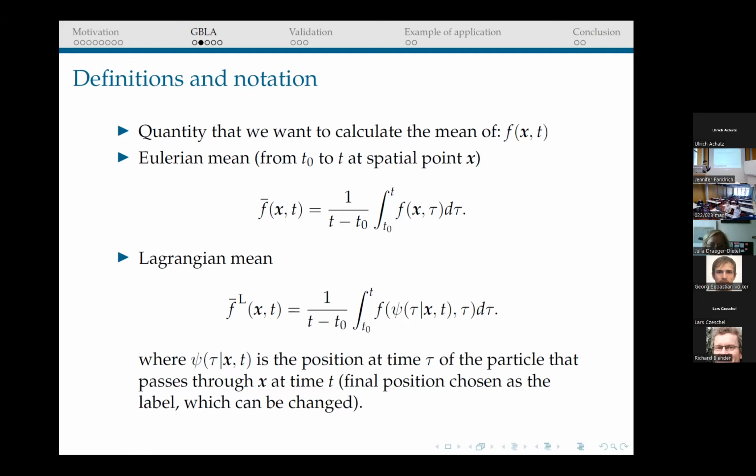But for which particle? The particle that is at position x at time t. So basically now my Lagrangian mean is the calculation of psi, which is the particle position at time tau, over the averaging interval.